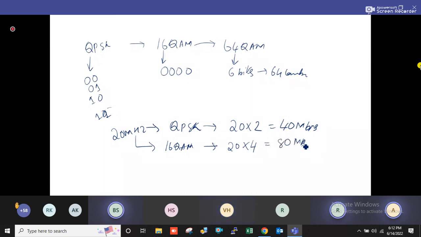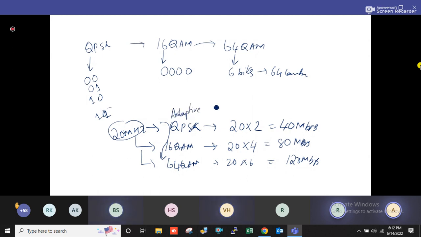And if we implement 64 QAM, it is 20 multiplied by 6, you get 120 Mbps. So this is how we keep our bandwidth constant and increase the modulation scheme, which we call adaptive modulation.